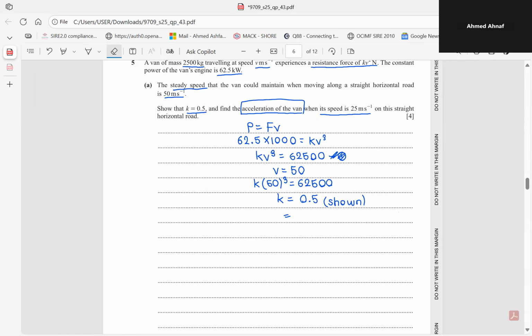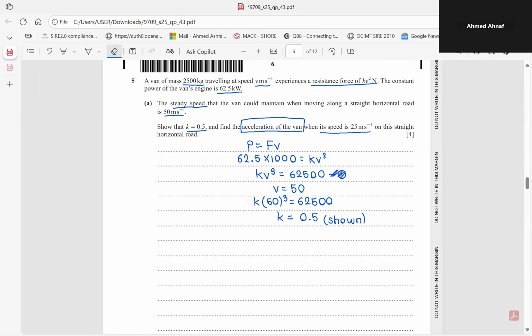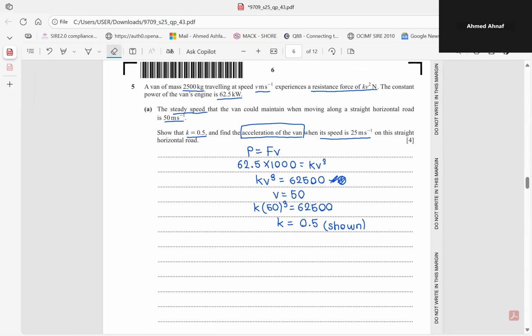Okay. So, all right, I believe that we're supposed to assume that the power of the van's engine is still this much, right?